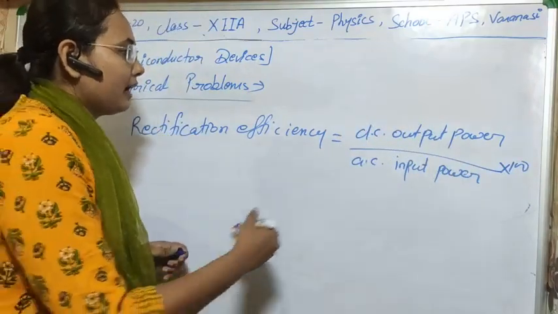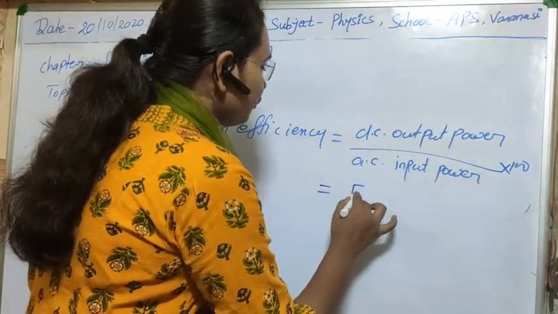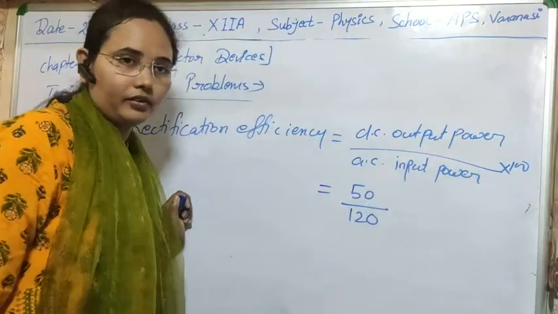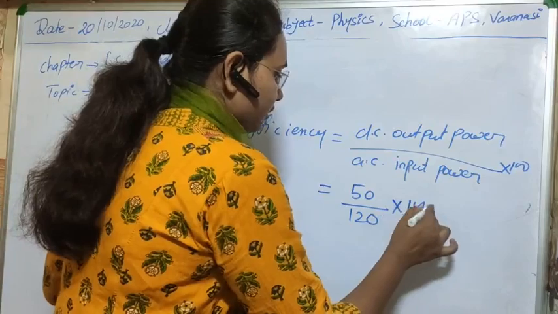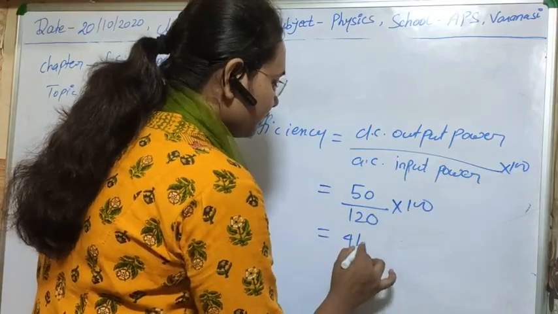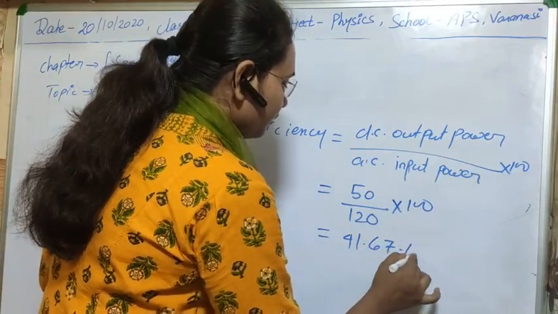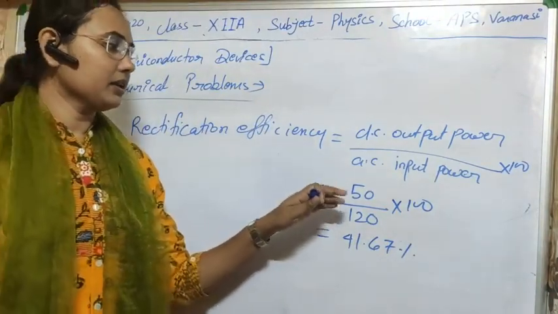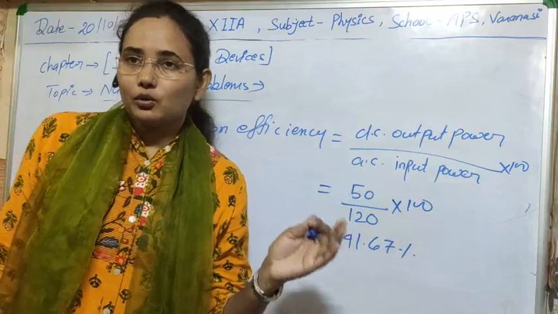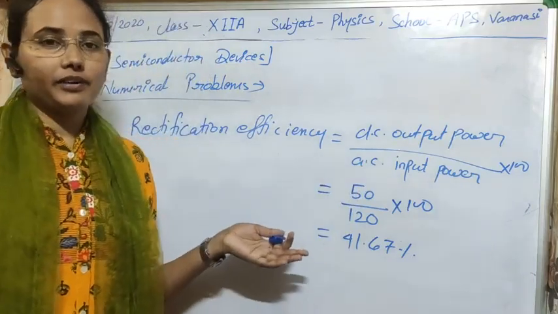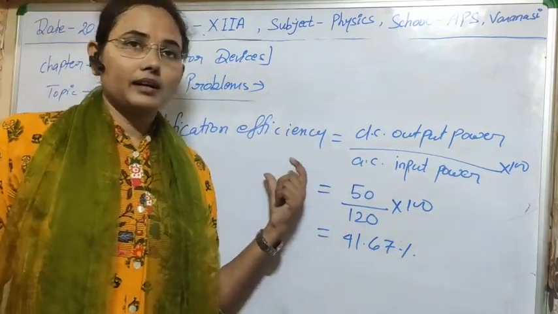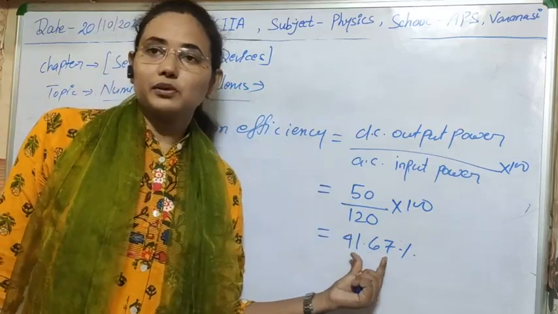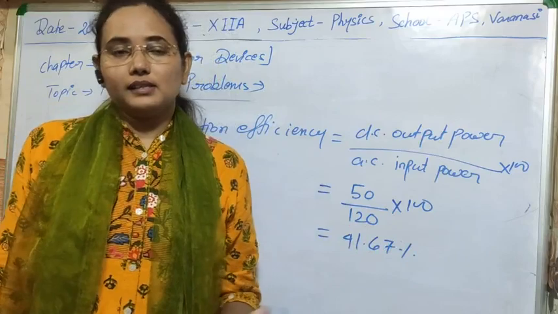As we have DC output power, that is 50 watt, and AC input power, that is given 120 watt, after solving this we get the value 41.67%. Means simple, in this system, if 50 watt output power is obtained by the half wave rectifier, then the rectifier has rectified 41.67% of the AC signal.